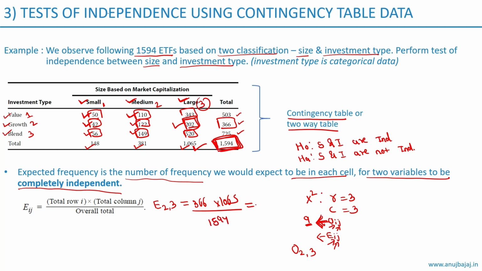So the expected frequency at this intersection is 244.53. As you can see, the observed frequency was 202, but the expected frequency is different from the observed frequency. Similarly, we calculate the expected frequency for each cell.